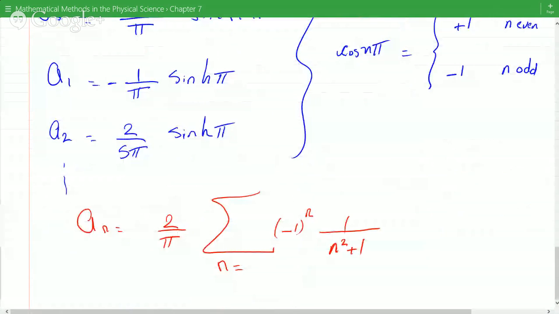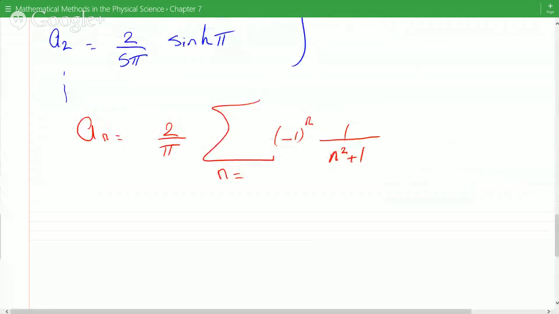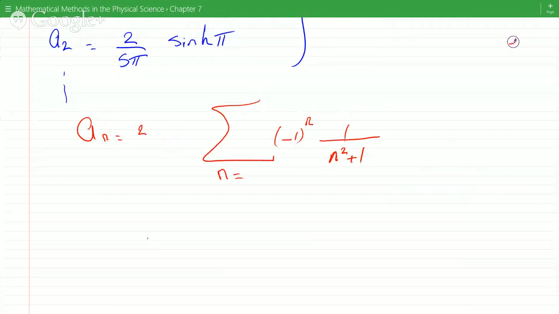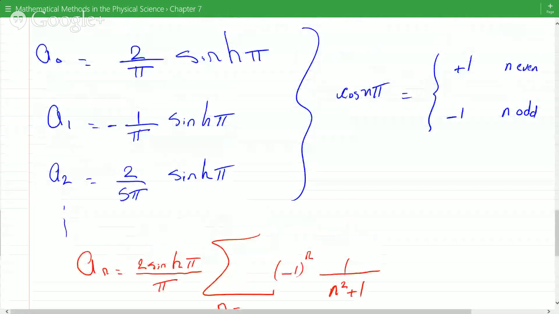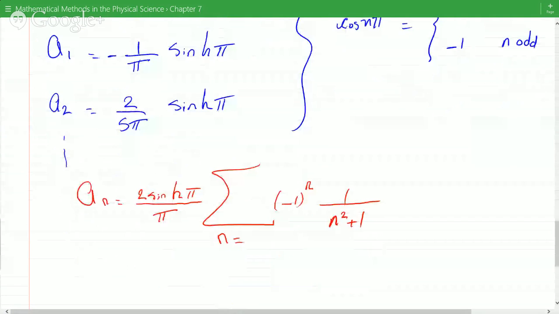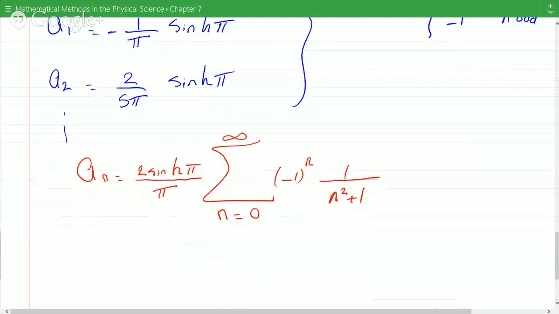Sine hyperbolic pi is a constant, so I can put it out: 2 sine hyperbolic pi over pi. Now at 0 we get 1, so we get 2. It works at 0 too, so we can get the series started from 0 to infinity.